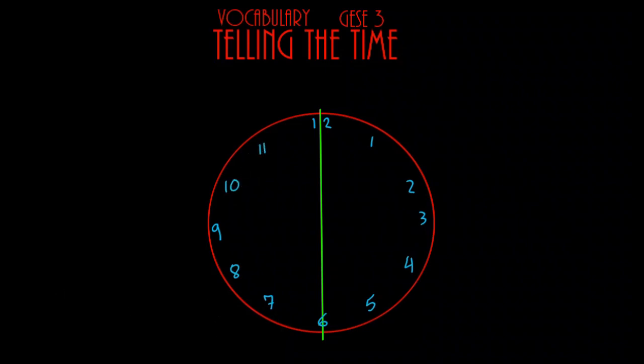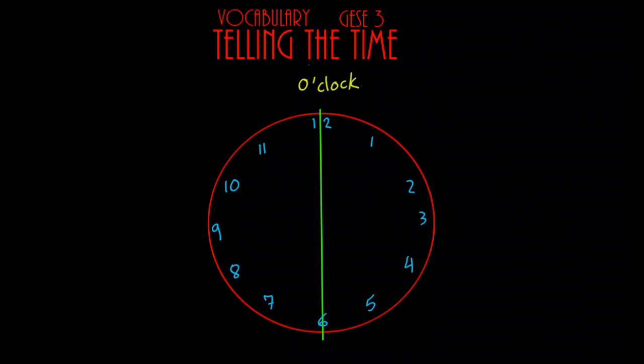Right, so when we're talking about a clock and we're telling the time, we need to keep in mind that the clock goes in certain directions. For example, when this over here, this would be o'clock. So it would be 12 o'clock.